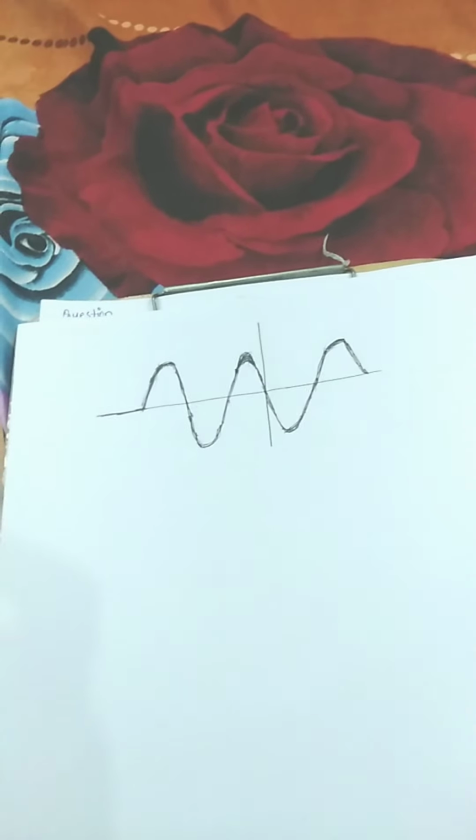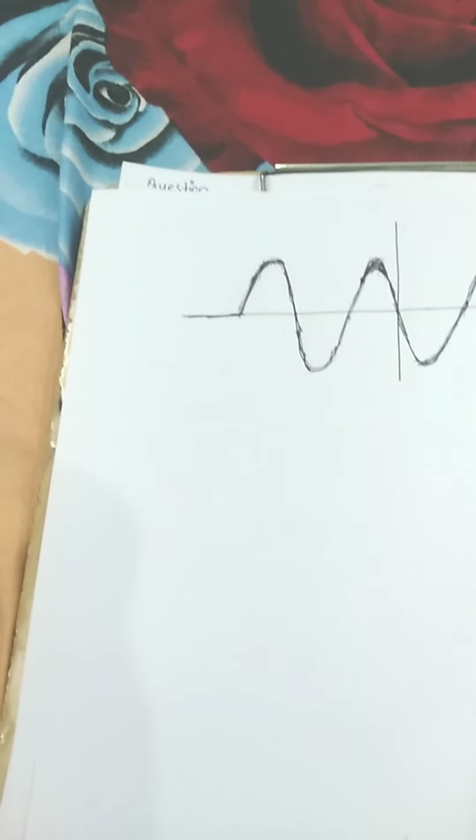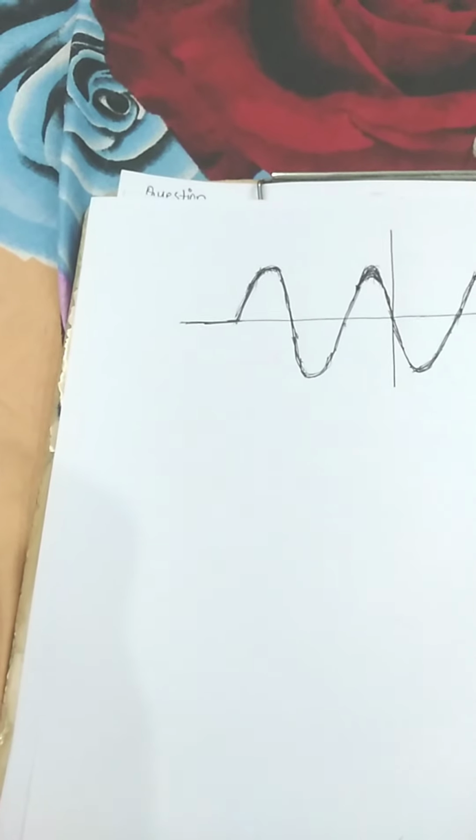And now for part C. As we expected, we got the graph like this. From 0 to 3π nothing, and after 3π we got a sinusoidal graph. So as we can see, our graph is a sinusoidal function that starts at t equals 3π.